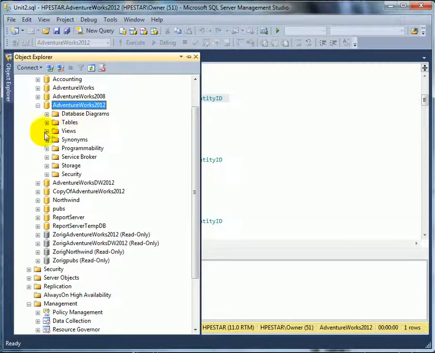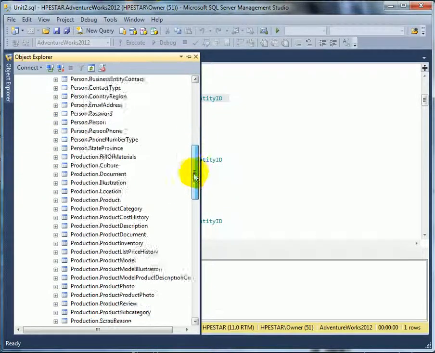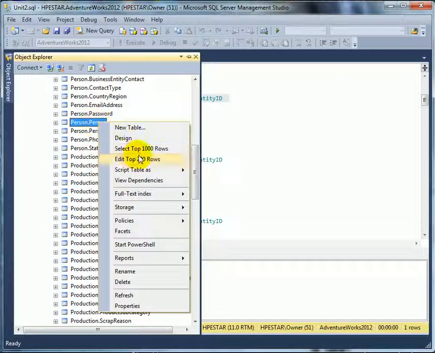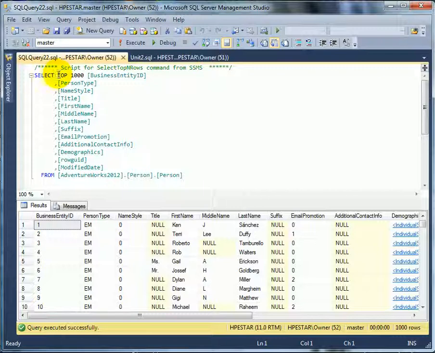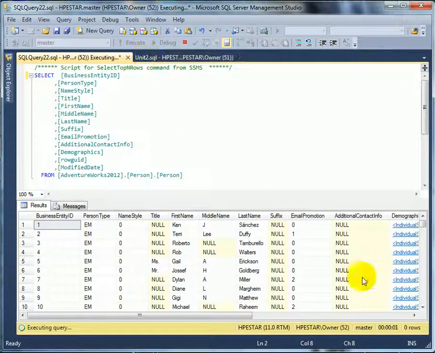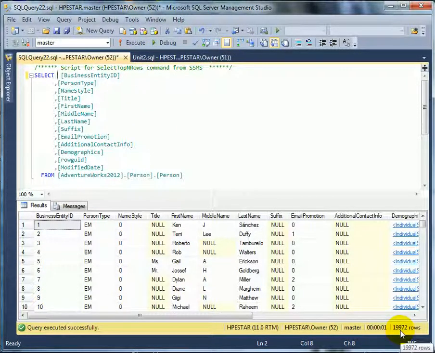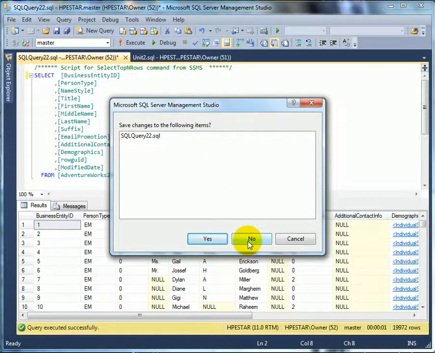Well, there are dealers, customers, contact persons, and if we eliminate the top 1000, we see 19,972 rows in the person.person table.